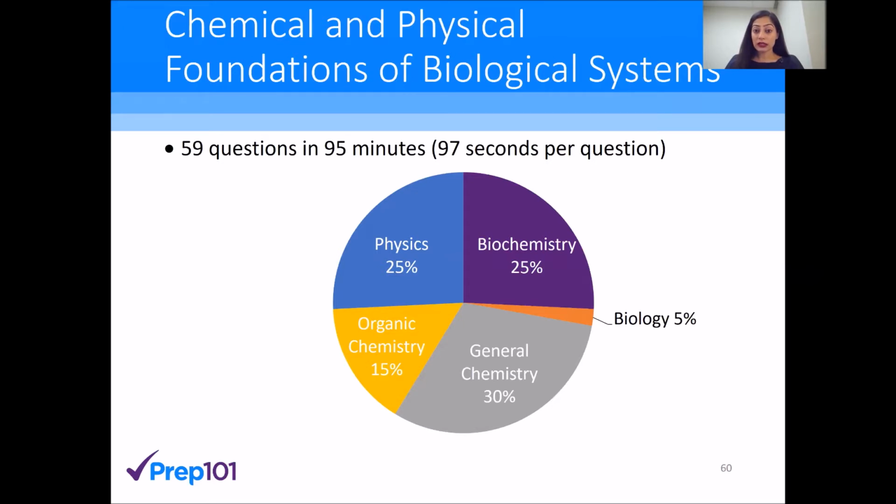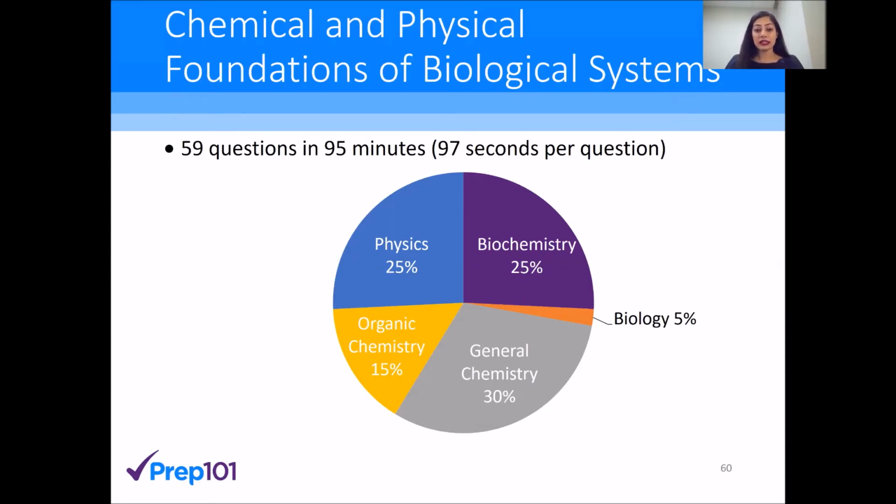When we're talking about 97 seconds per question, that's not just for answering that question. Remember, the vast majority of these questions are passage-based. So in those 97 seconds, you are also allotting part of that time towards reading the passage. So you have quite a bit less than 97 seconds to actually answer that question.